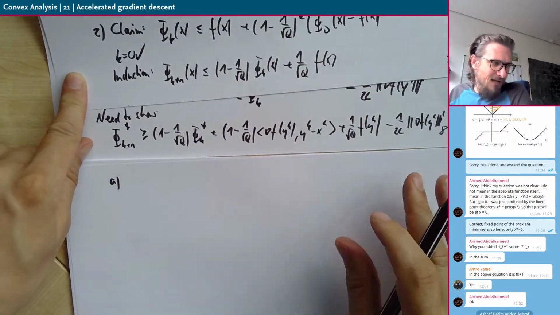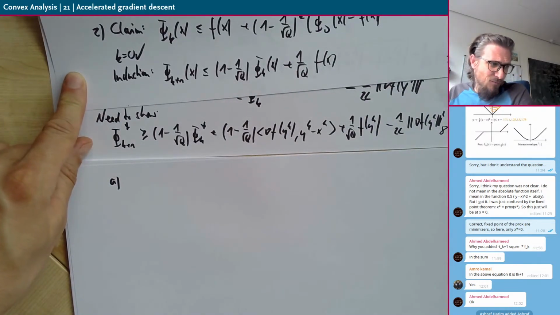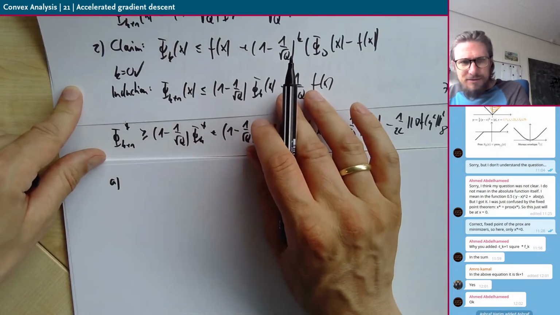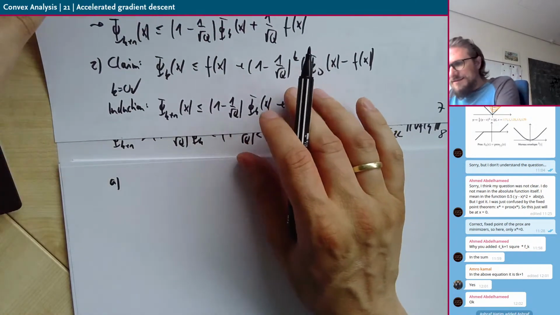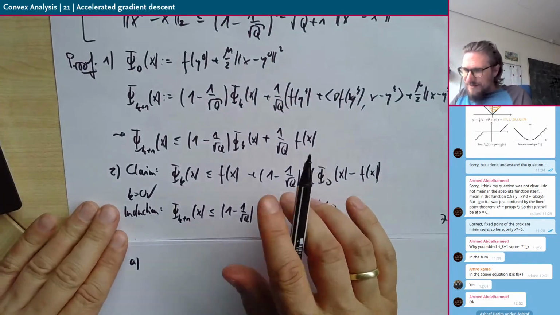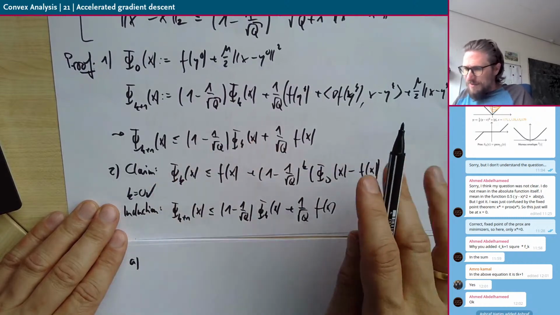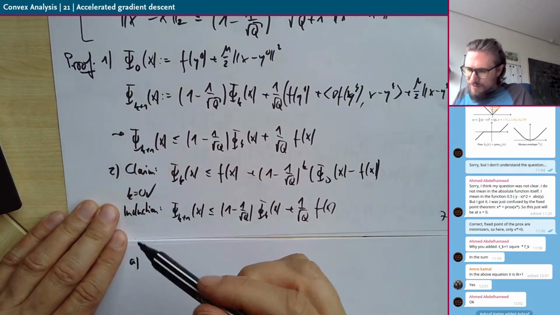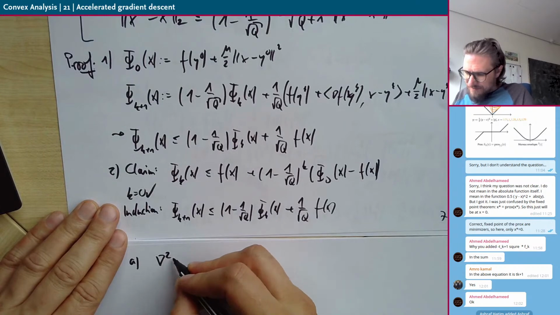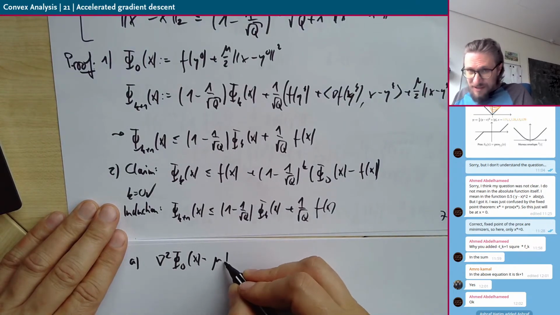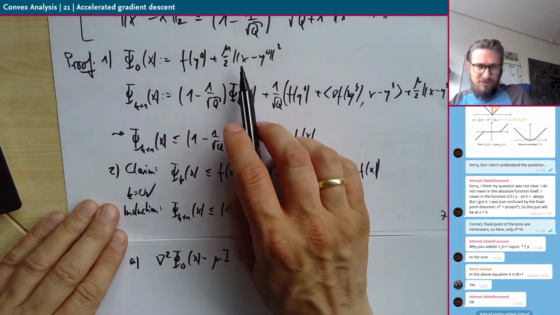And sub-step number A is an observation which we could have done early on, namely that these phi's are all quadratic functions. They look pretty complicated, but you'll see that this phi 0 has a Hessian which is just mu times the identity, because the x only appears here.